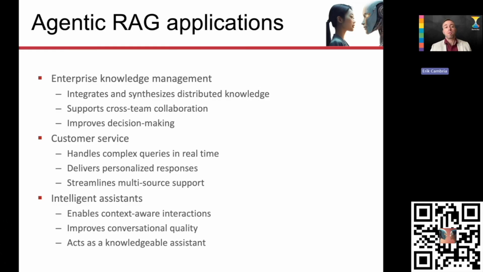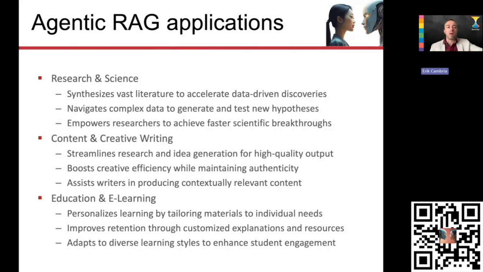So, for example, applications like enterprise knowledge management, when I have to put together a lot of information coming from different parts of the organization, customer service, when some complex queries need to be handled, intelligent assistants that can do a lot of different things beyond just answering queries.